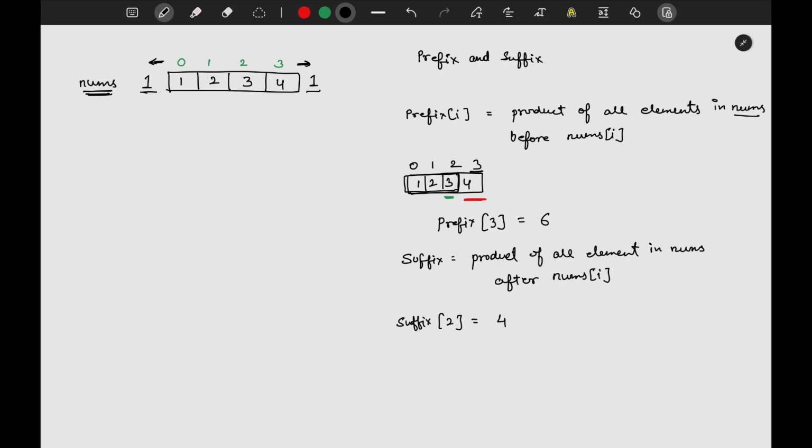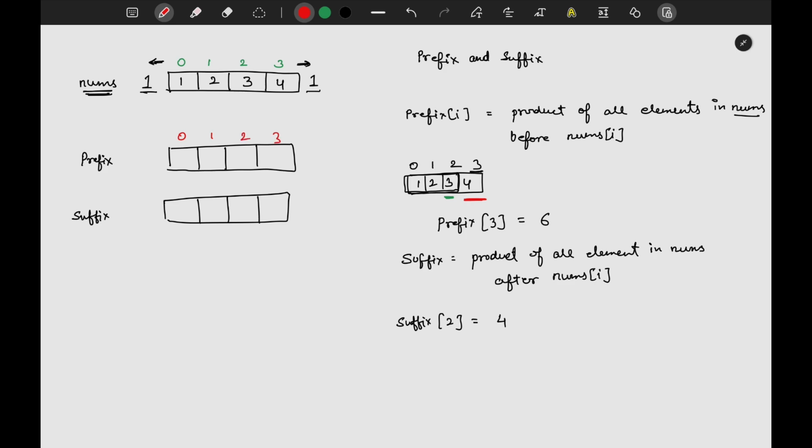So we first have to calculate this prefix and suffix array, indices 0, 1, 2, 3, 0, 1, 2, 3. So prefix[0] means all the elements before nums[i], where i is equal to 0 right now. So all the elements before index number 0. So that's why we took this assumption, right? Before index number 0 there is 1, so we will simply store 1 over here.